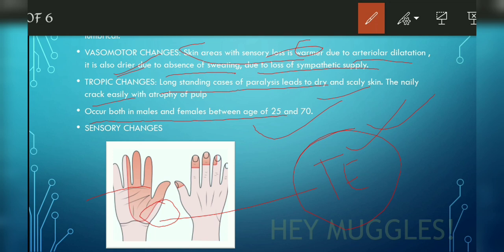There would be weakness of the thenar muscles. There would be ape thumb deformity due to loss of opposition of the thumb. And in carpal tunnel syndrome, the patient shows positive Tinel's sign and Phalen's test.